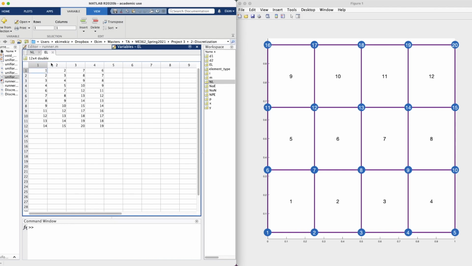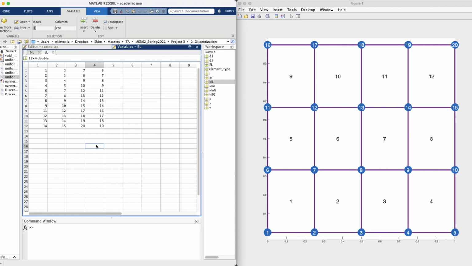And our element list stores the node information of particular elements. The first row corresponds to the first element, and the 8th row should correspond to the 8th element. You know all this already. And these four are the four nodes of the element.